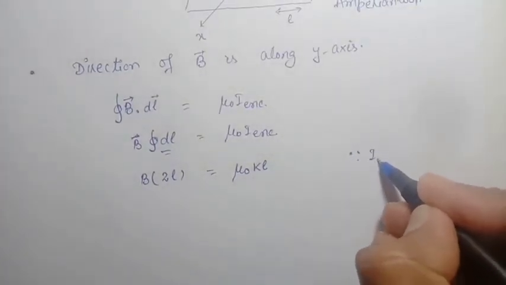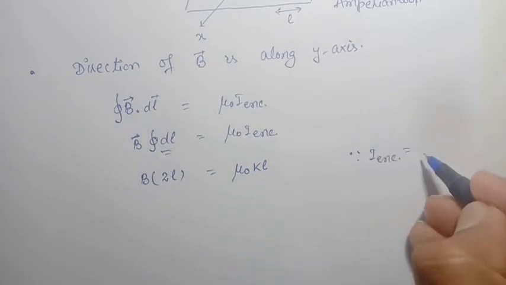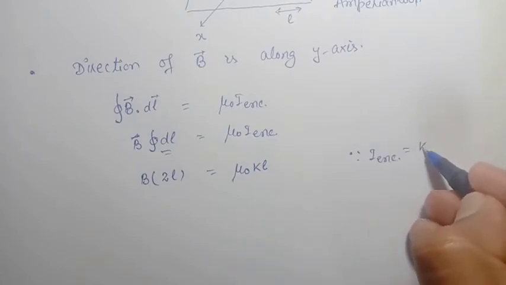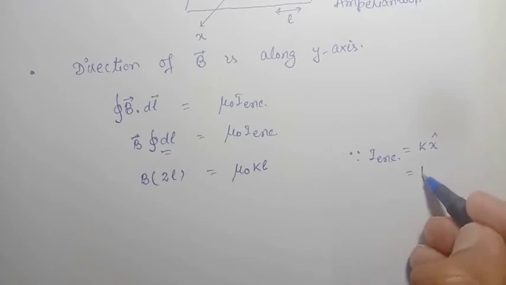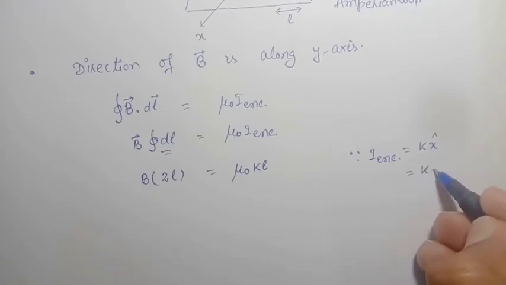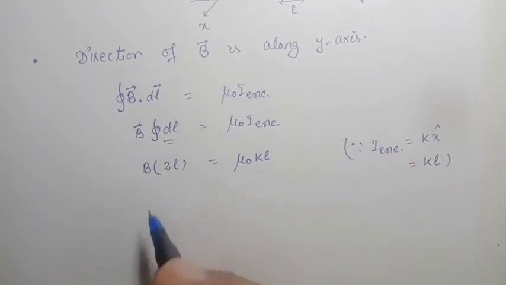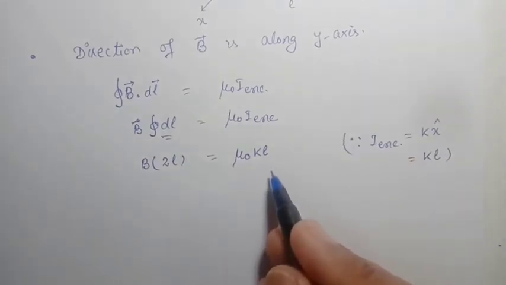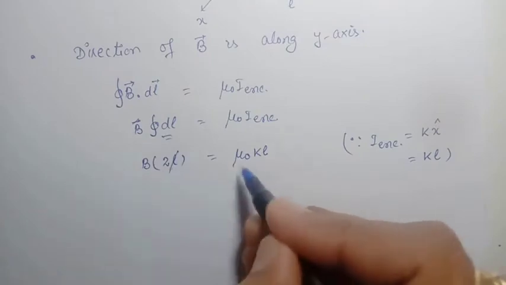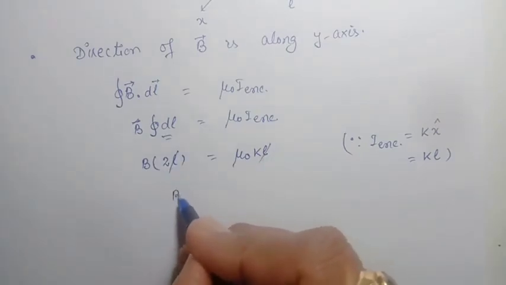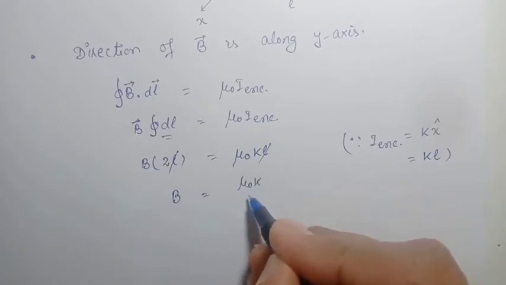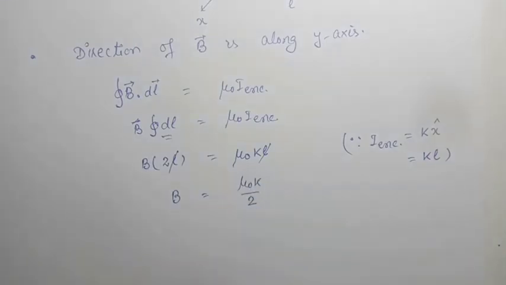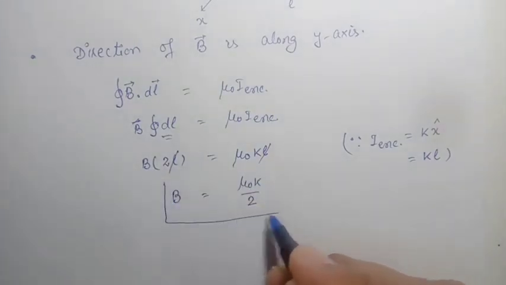Because I enclosed is equal to K, and as per our problem we have an Amperian loop having length L, so we can write KL. So B times 2L equals mu naught KL. L cancels with this, so we can write B equals mu naught K over 2. So this is the magnetic field.